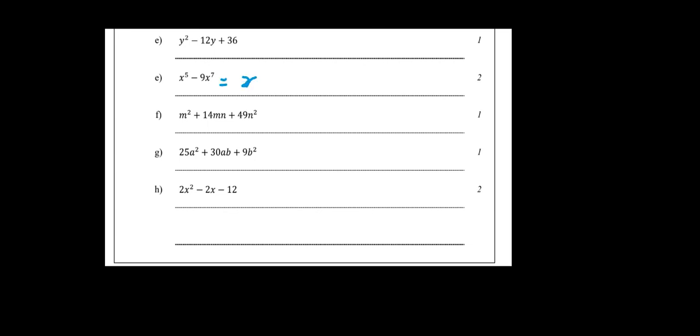It is x to the 5, and we take that out to get 1 minus 9x squared, and that gives x to the 5, 1 minus 3x, 1 plus 3x.